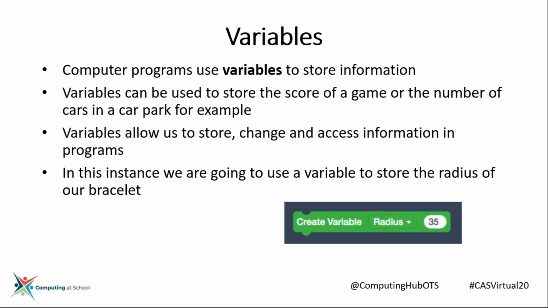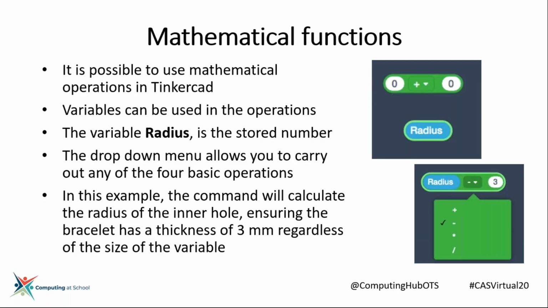Now, the other great thing about Tinkercad is that we can also use mathematical functions. And so we can drag across little operations, and you can use your variables to put in there.